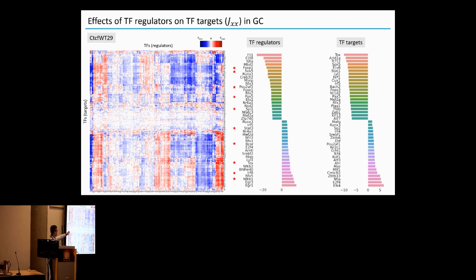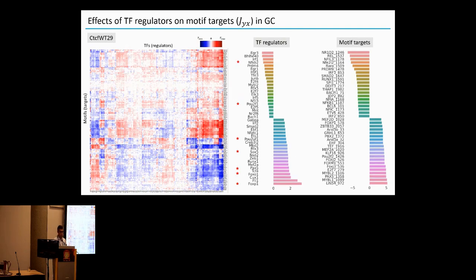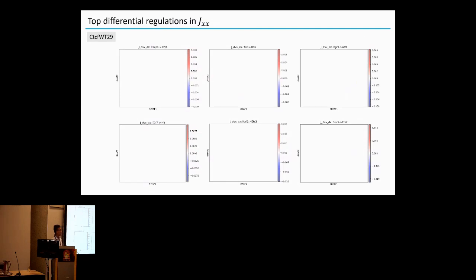It's very hard to read, so I've summarized the important ones on the right side: the most important positive and negative regulators. We see some of the important factors that we care about, like FOXP1, SOX5, PU.1, and PAX5, and SPI1. So all of these factors that we care about, we can find here, and also the other modalities in a similar way.